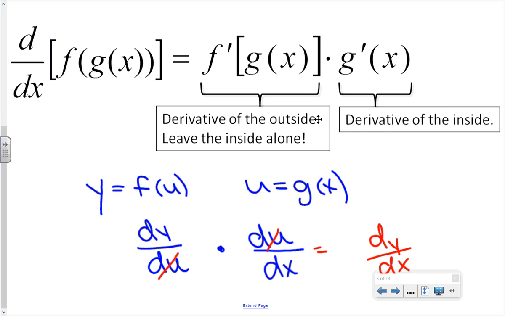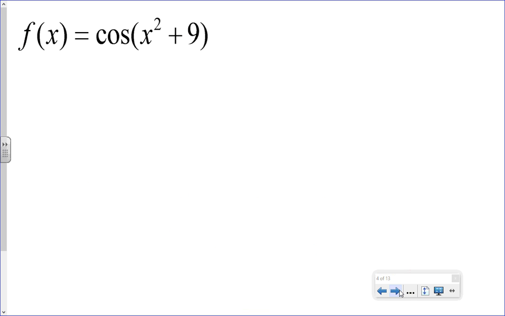How does that work? First example, write it down. All right, so do you notice how x squared plus 9 is inside of cosine?